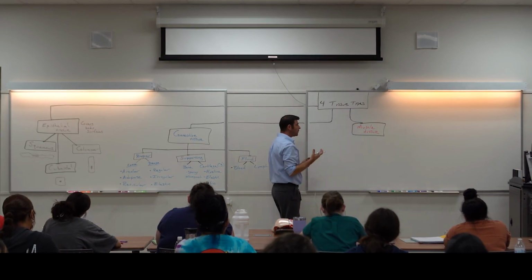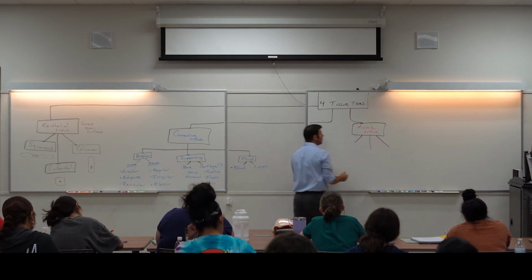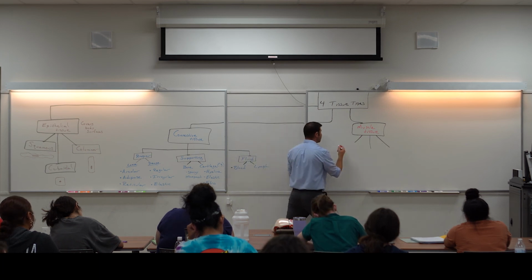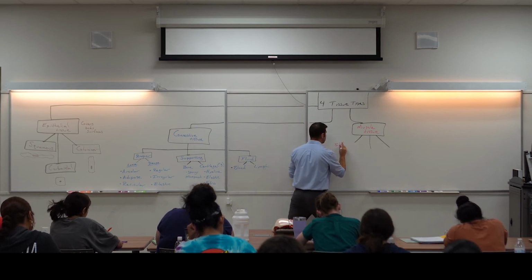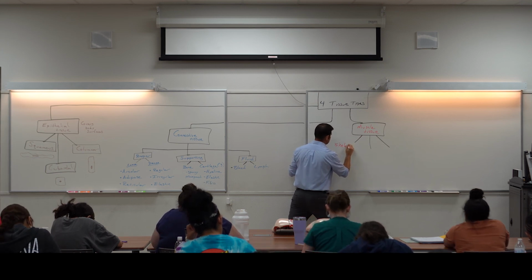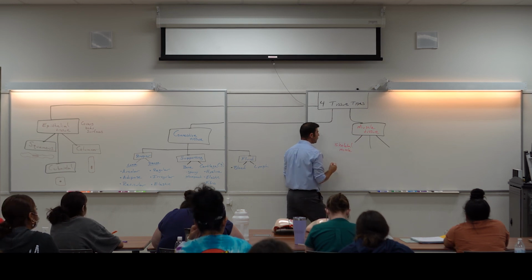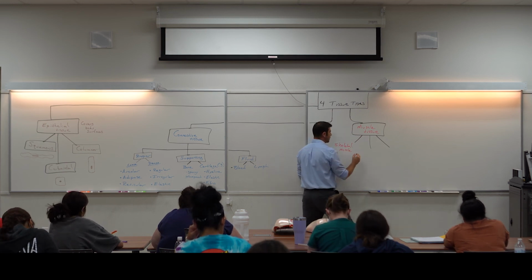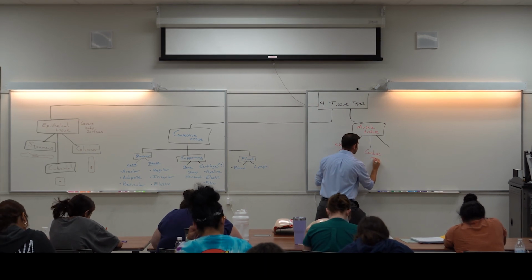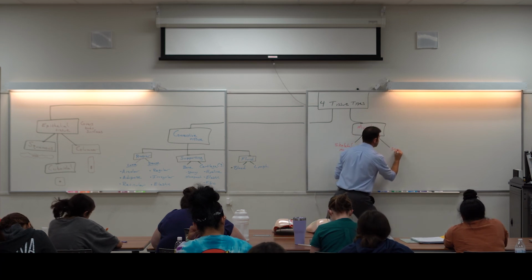In your box for muscle tissue, you'll notice once again there's 3 types of cells that we need to be aware of for muscle tissue. We need to be able to recognize skeletal muscle, we need to be able to recognize cardiac muscle, and then finally we need to be able to recognize smooth muscle.